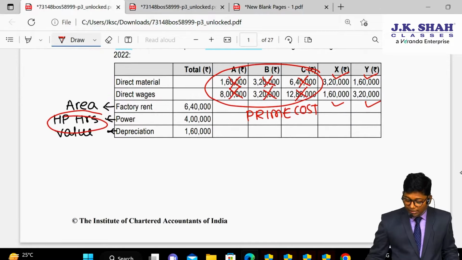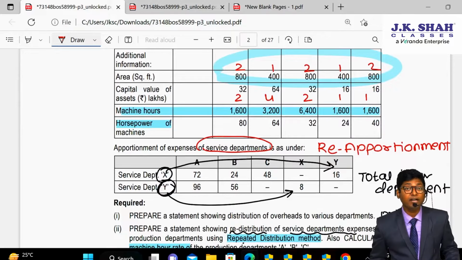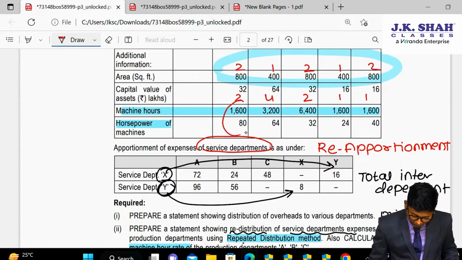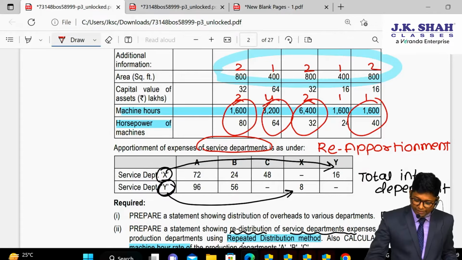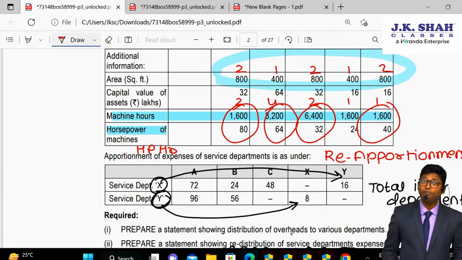Horsepower consumed by each and every machine totally depends on the number of hours the machine has been used. So for that purpose you need to multiply horsepower and machine hours, and this multiplication will give you HP hours, and this HP hours you should consider for the purpose of allocation and apportionment of power cost.